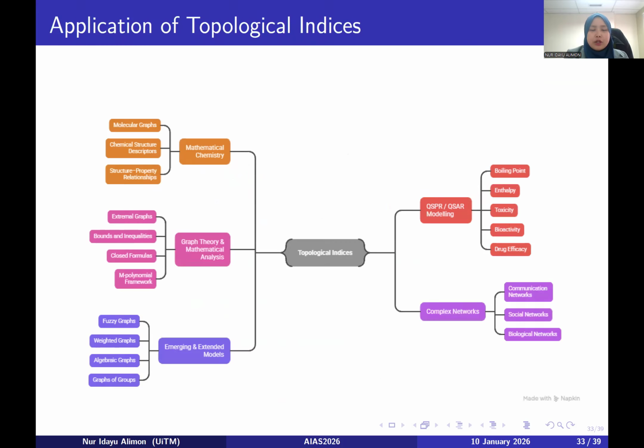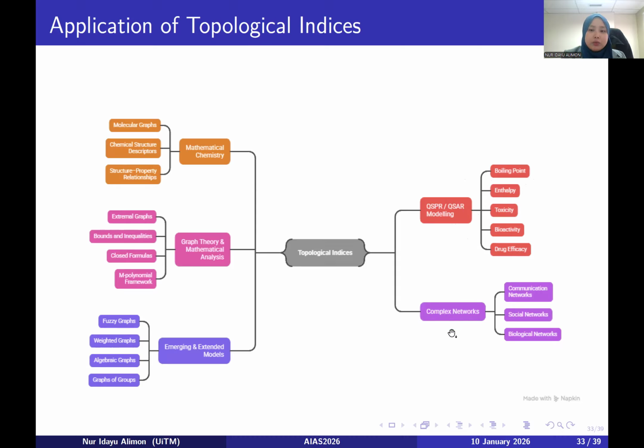Okay, so these are some applications of topological indices that maybe we can explore. From the literature review, we can see that many people are working on QSPR and QSAR modeling, just to predict the boiling point and other molecular structures.